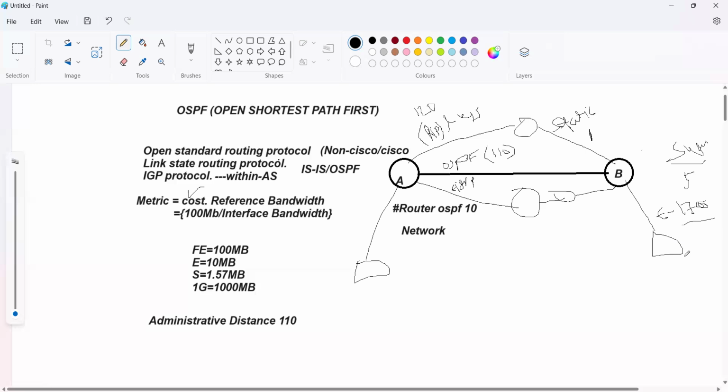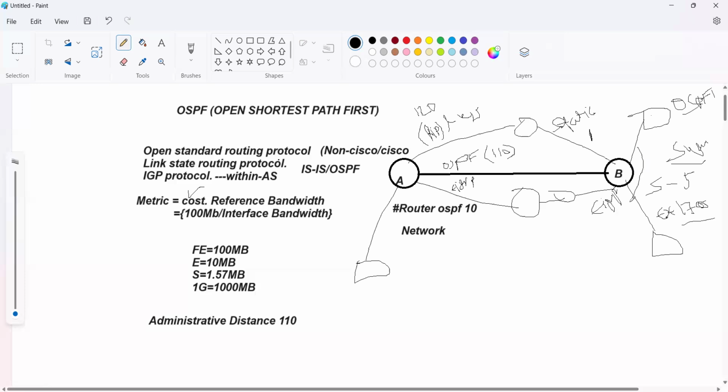See, EIGRP has 3 AD values. One is summarization with 5, and external prefixes, meaning redistributed. Say you configured OSPF here and EIGRP here.